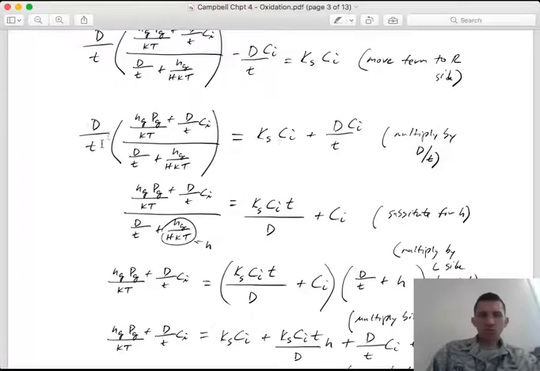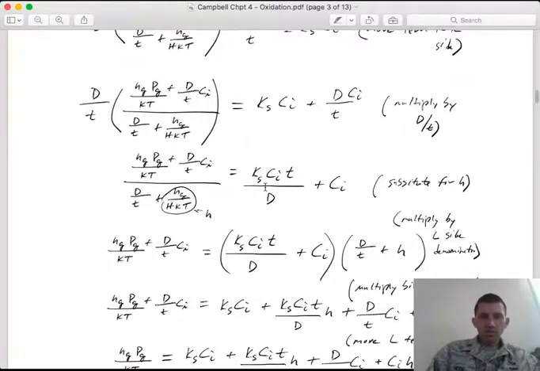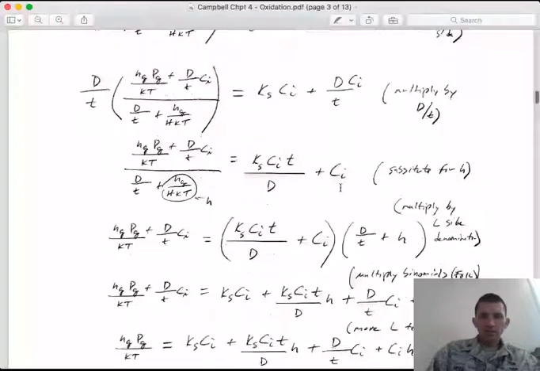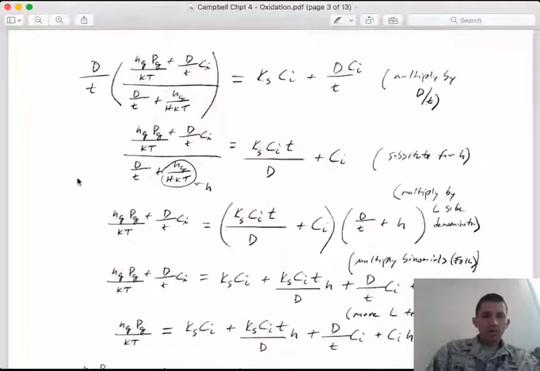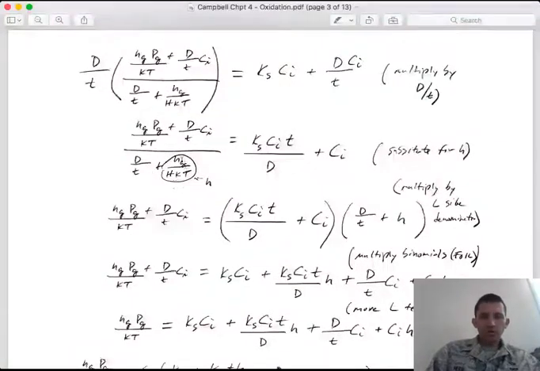I'm going to get rid of this term here. So I'm going to divide both sides by d, multiply both sides by t. That actually undoes, right, it leaves C sub I here alone. We will define this h sub g over capital H kt just as little h.